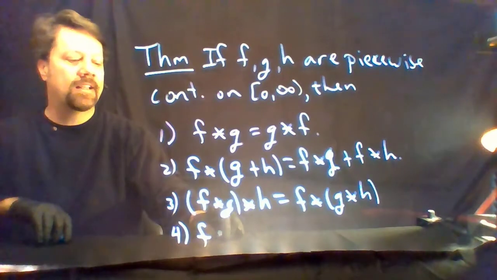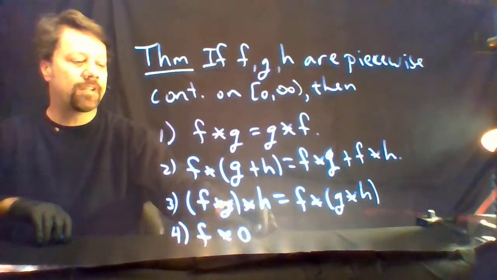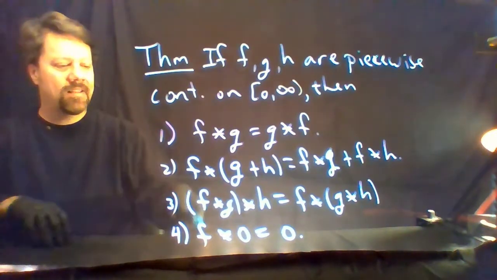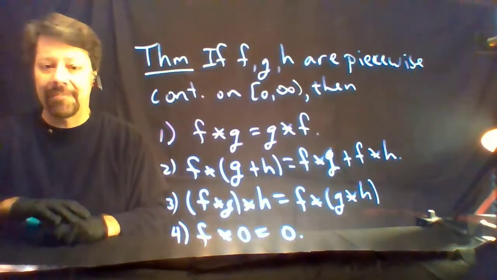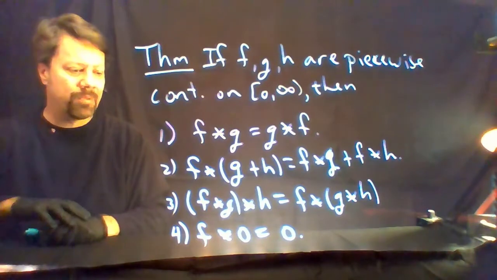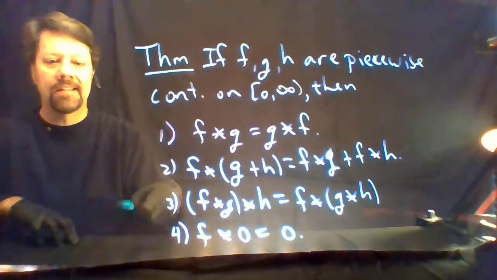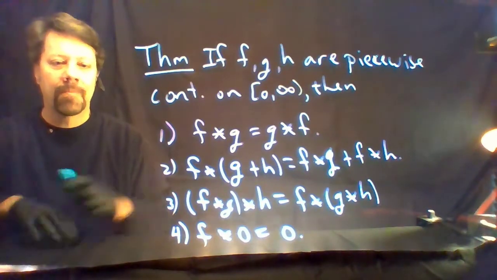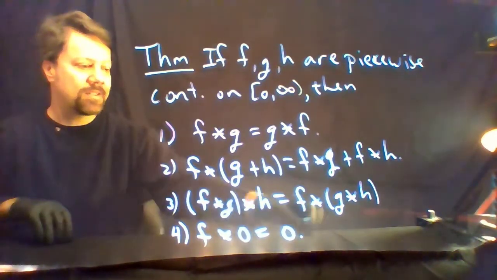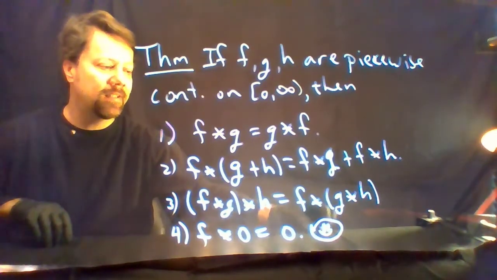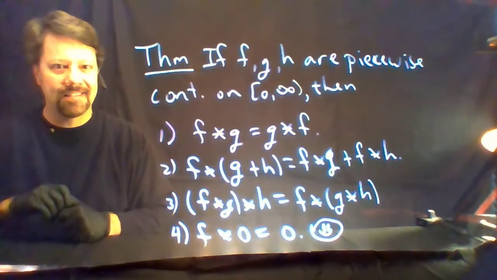And finally, f convolved with the zero function is the zero function. This last property is obvious from the definition of the convolution operation. If you replace g by the function that's zero everywhere, then the integrand will be zero everywhere, and hence this will follow. I'll put a little smiley face here to indicate that this property is obvious.